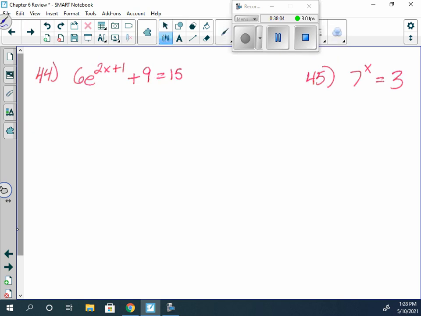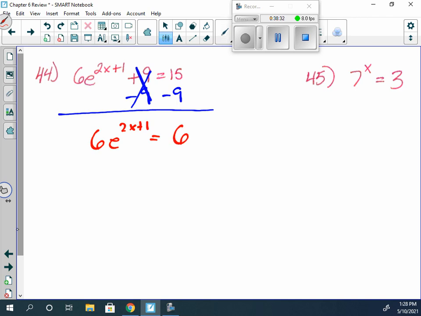Okay, so let's look at 44, because we do have some time to look back at it here. So when we look at 44, if we're solving for the value of x, we want to get e by itself first. So the first thing I can do is subtract 9 from both sides, because 9 minus 9 will cancel out and tell me that 6e to the 2x plus 1 is equal to 6.